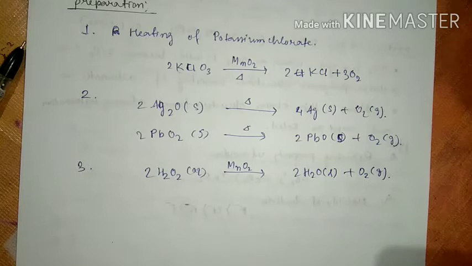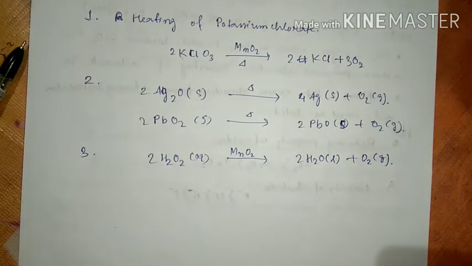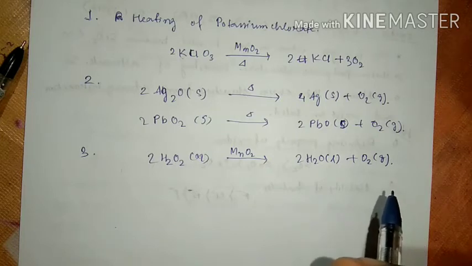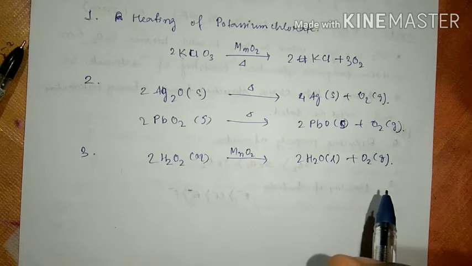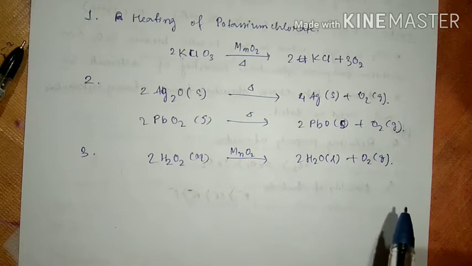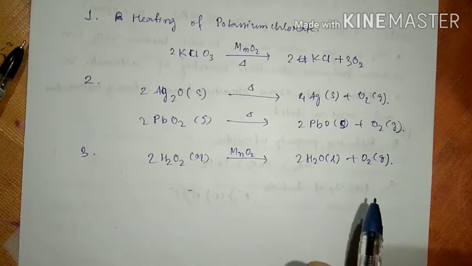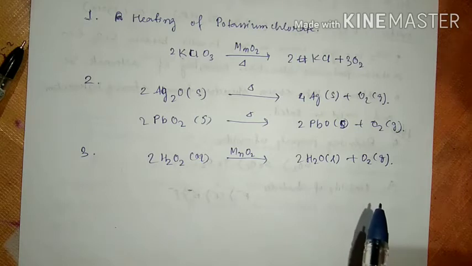Now, industrially, oxygen is prepared by some different types of reactions. Experimentally, oxygen is prepared by some different methods. One of the well-known methods is by removing carbon dioxide and water vapor from the air.